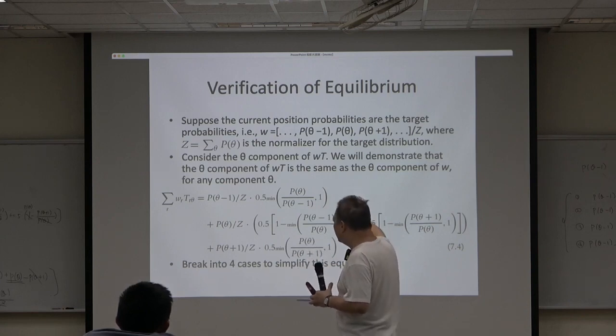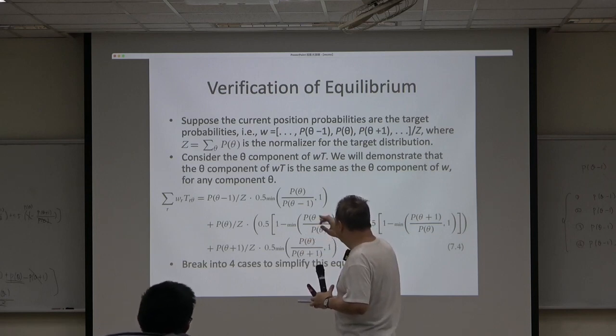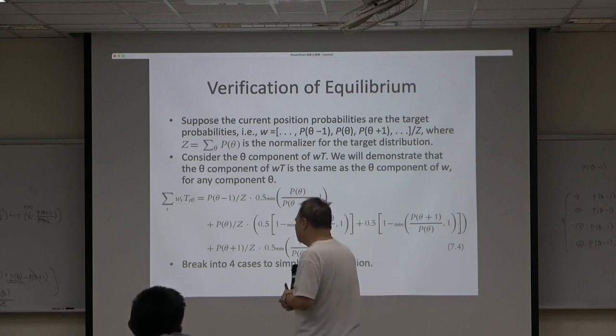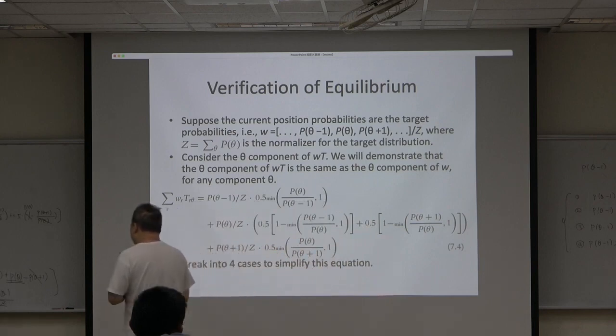At the rth turn, it's going to give you p of theta divided by z.